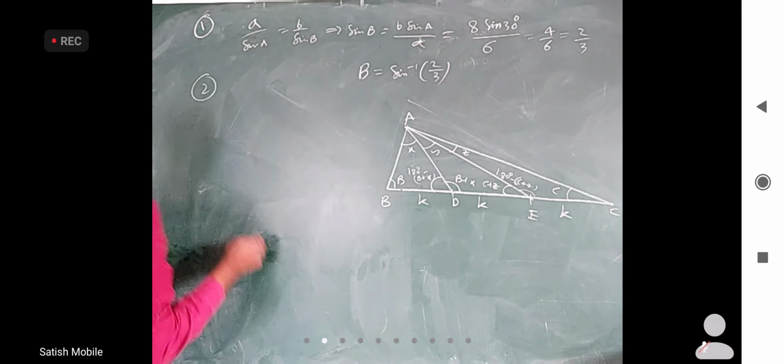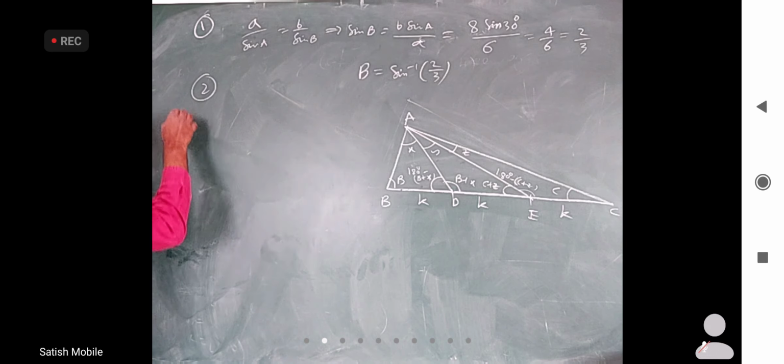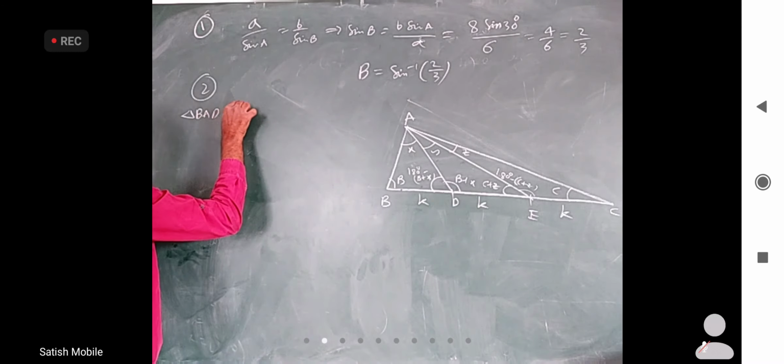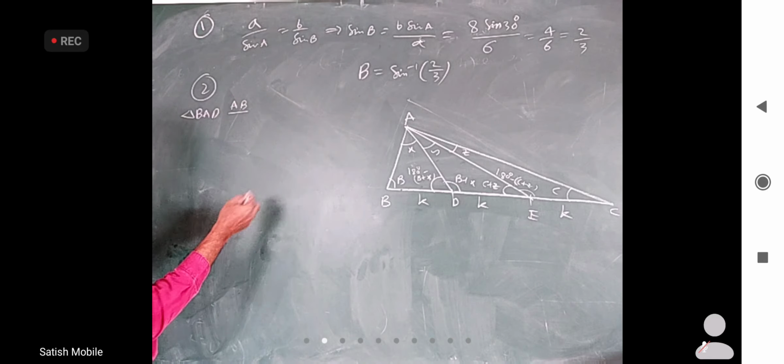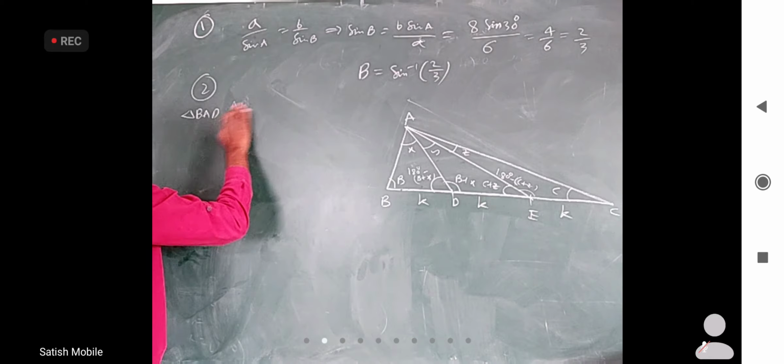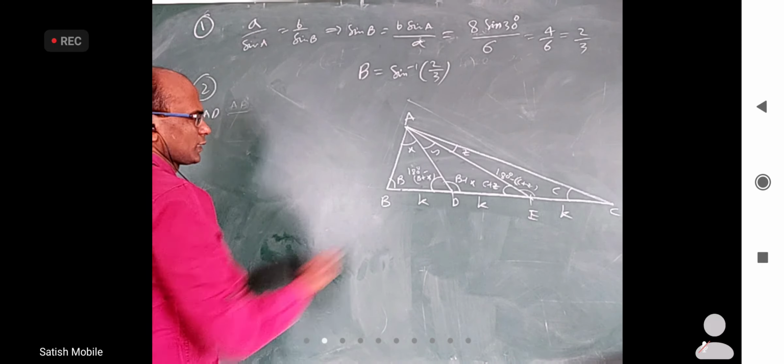Okay, I want to apply sine rule in each one of or two of the triangles put together. If I take a triangle BAD and apply sine rule, I will get AB by sine 180 minus B plus X. I may not need it. These angles are not important.